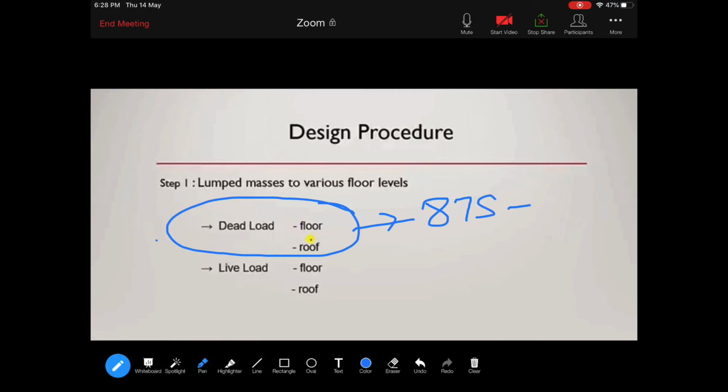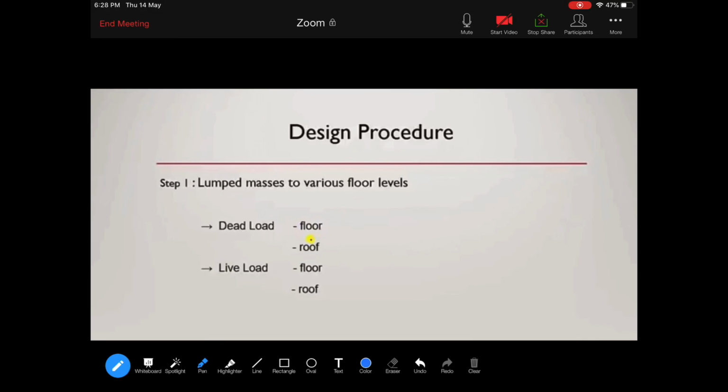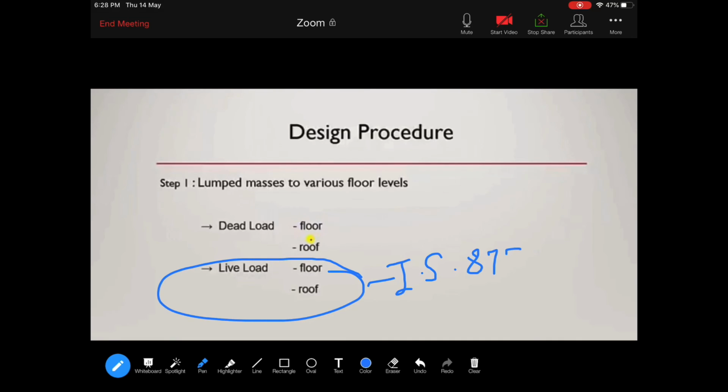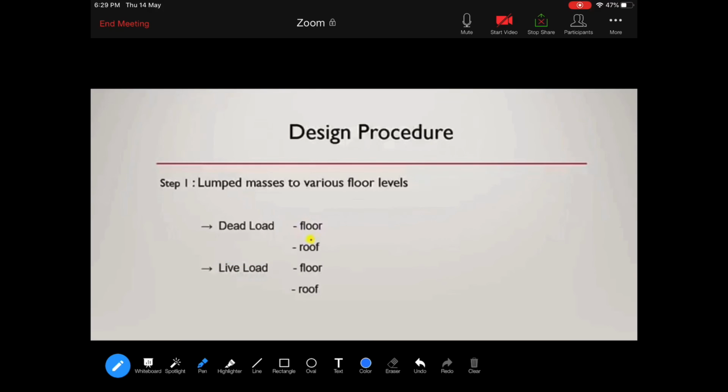First we consider dead load as per IS 875 part first. In dead load we consider floor load and roof load, and next one is live load. We also consider live load, floor load and roof load as per IS 875 part second. These are the two IS codes used to find out the dead load and live load.